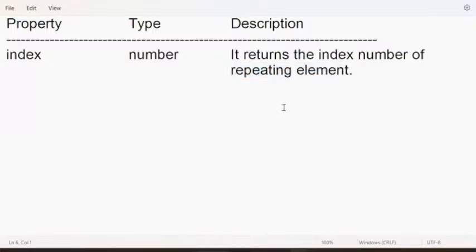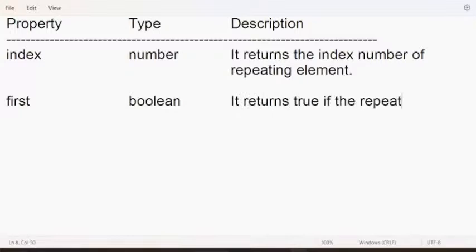Another option we have is first. It is a Boolean type. It returns true if the repeating element is the first element. That means in repeating, if it is the first element, it says true.